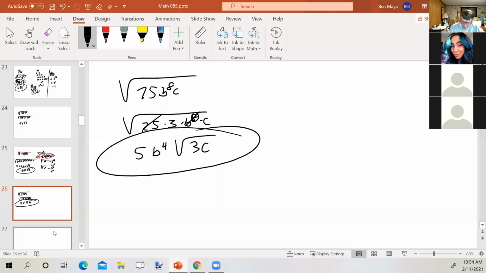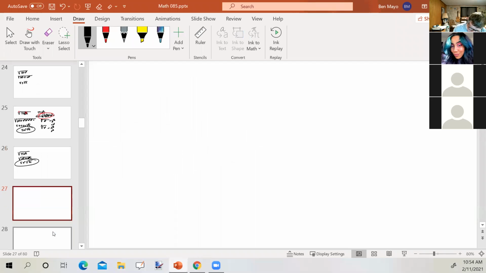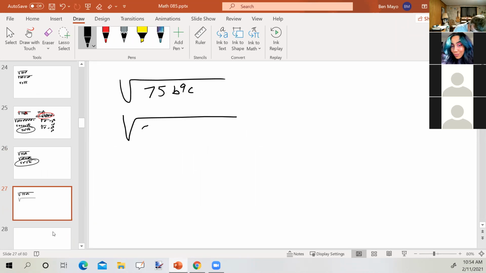Yes. All right, let's say we had the square root of 75 b to the 9th times c. Then I would rewrite it as 25 times 3 times b to the 8th times b times c. So I take the largest power of b that I could, that's a multiple of the index, so b to the 8th, and then I've got that one extra b there.